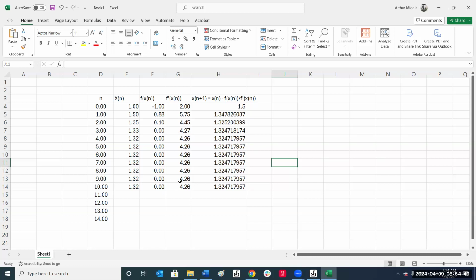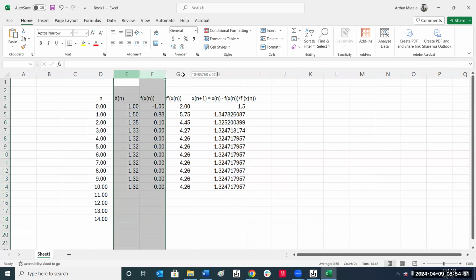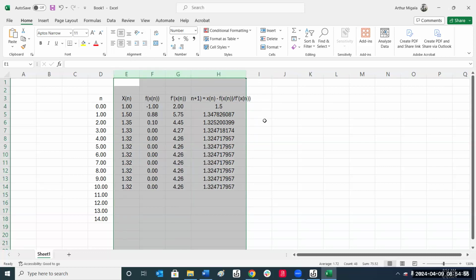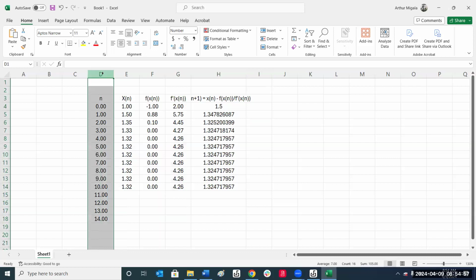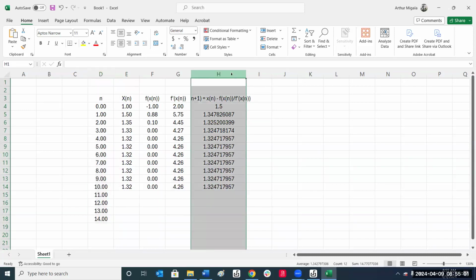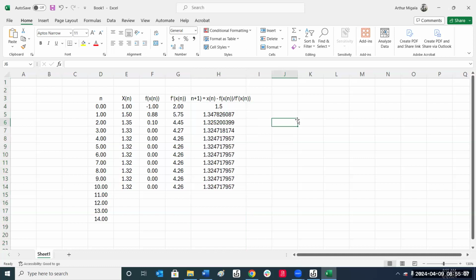So what column is the most important column for us to look at? This one? Oh, this one. No. Because what are we trying to do here? We're trying to find the x value where the function crosses the x-axis, right?